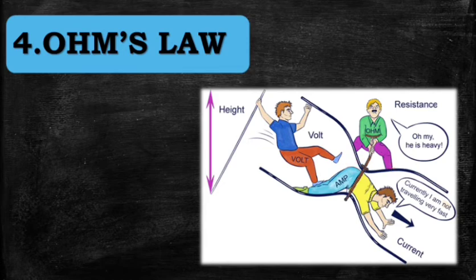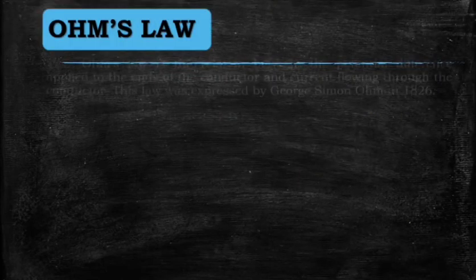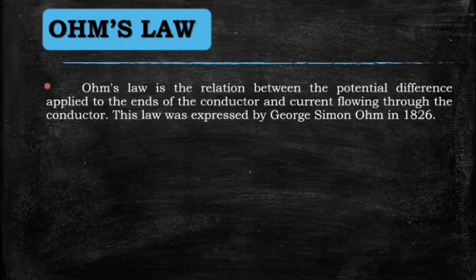So Ohm's law is the relation between the potential difference applied to the ends of the conductor. It is that man who was pushing the ampere was a volt. That is the potential difference.